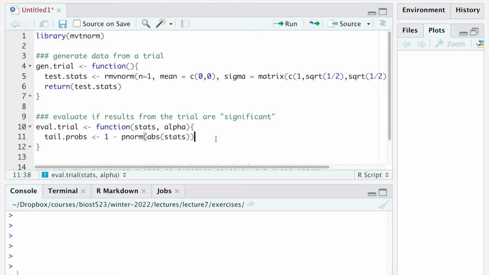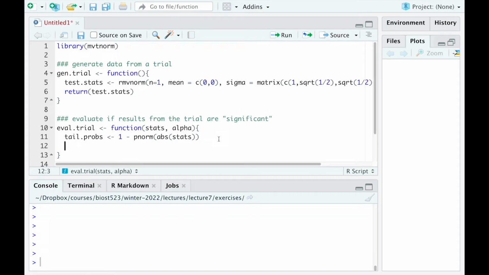So again, this is going to calculate that sort of two-sided p-value corresponding to both the interim analysis and the final analysis. So it's going to give us two p-values for two-sided hypothesis tests, right? If the value in stats is large and positive, then it's going to look at the right side tail probability. If the value in stats is large in magnitude but negative, then it's going to calculate a left-hand tail probability.